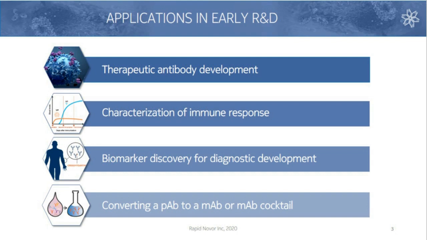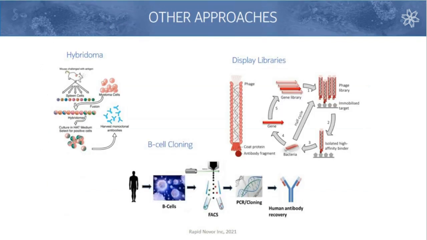But I thought it might be relevant to start off by looking at some of the other approaches in conventional antibody discovery and certainly in antibody sequencing. Obviously, you're all probably familiar with these technologies more than I am. We have standard hybridoma methods of antibody discovery, and combinatorial approaches such as display libraries like phage and yeast display.